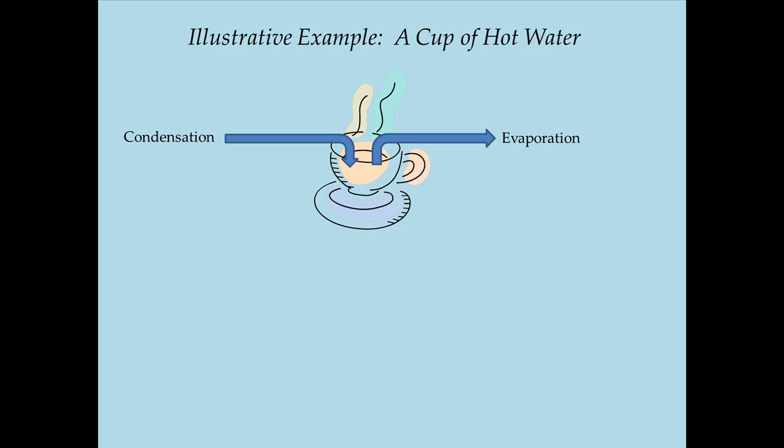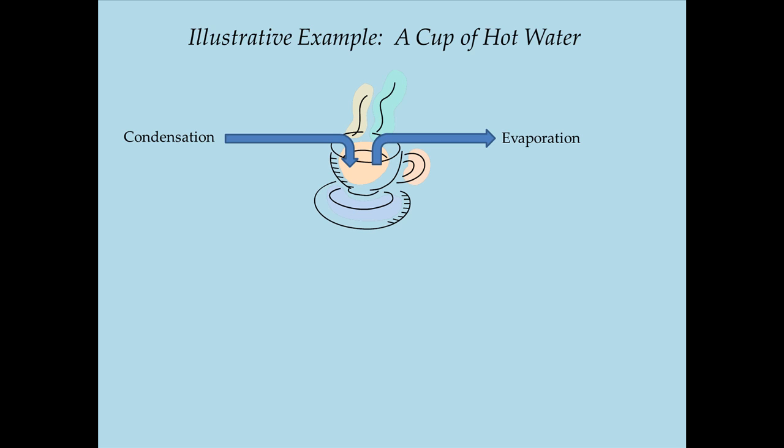And you can imagine a situation where this cup is in equilibrium, meaning that the evaporation and condensation rates are equal. This could happen, for example, if you're trying to drink hot water or hot tea in a sauna. The surrounding humidity might be high enough for water to just not have a net evaporation rate.